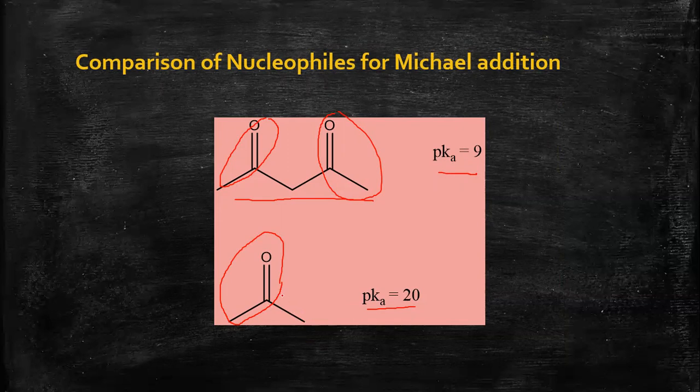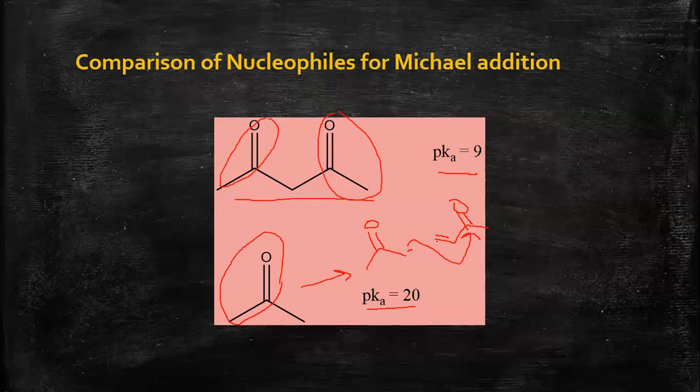That's why if we convert this compound into an enolate, this would be a strong base, and this would tend to attack on the carbonyl carbon, and these two attacks, at the beta position and at the carbonyl center, would be competing for this compound.